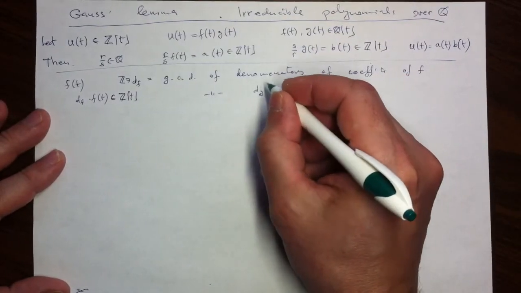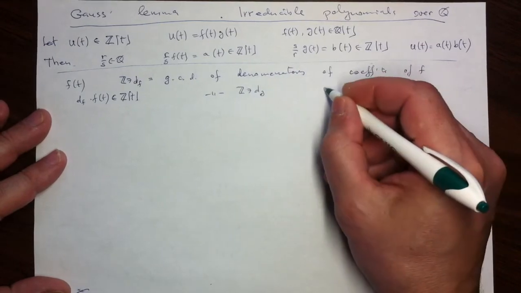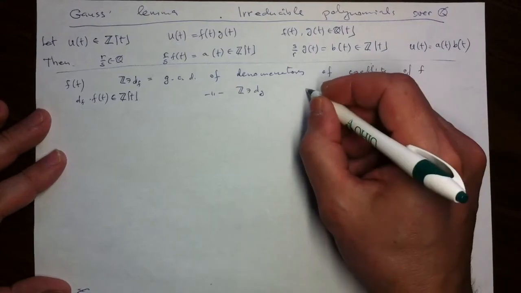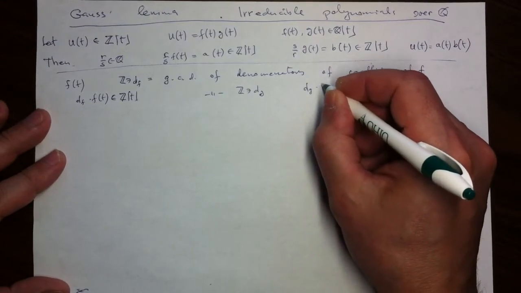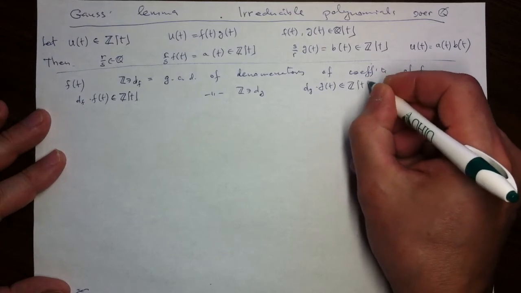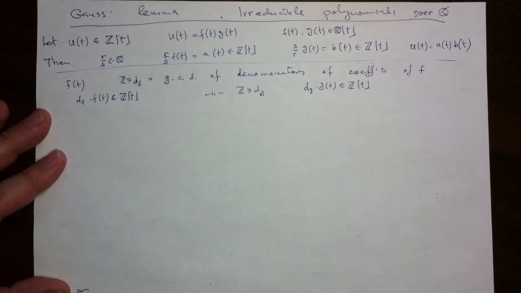We define the number for g, again it will be an integer number, defined this way as the denominator of all the coefficients of g, and the immediate property will be if we multiply g with this number, we will have a polynomial with integer coefficients.